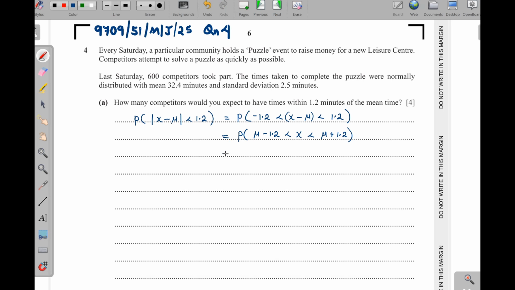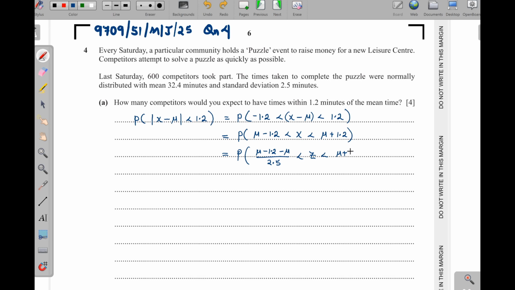Now we can standardize. So when we standardize, we shall have our x value, then minus the mean, then divide by the standard deviation, which is 2.5, then less than, this will be z. Then your mean you are having here, I don't need to substitute this 32.4.